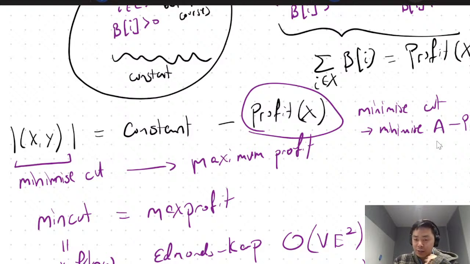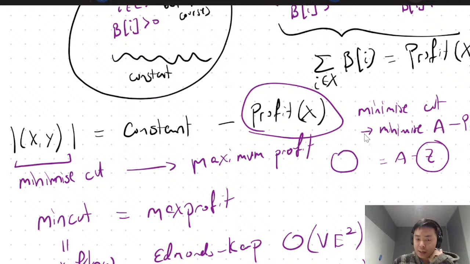So the only way to affect this value is profit. And if you just recall from basic algebra, if you minimize one side, which is equal to A minus Z, then in order to get the minimum value for the left side, you want to maximize this value here.